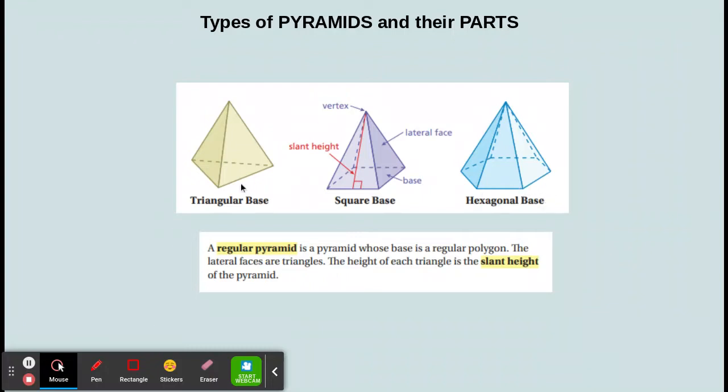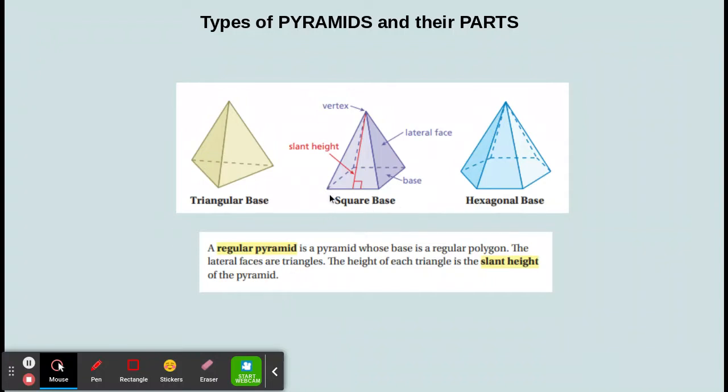Okay, the triangular base for this regular pyramid must be a regular polygon, meaning it must be an equilateral triangle. A regular polygon is a shape whose every single side is the same length.